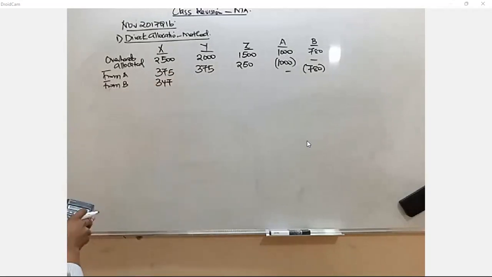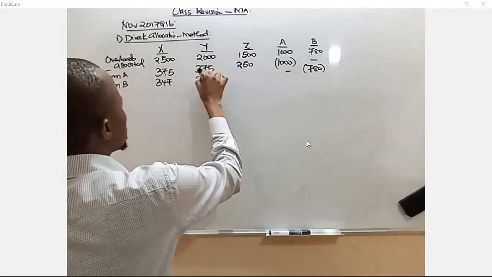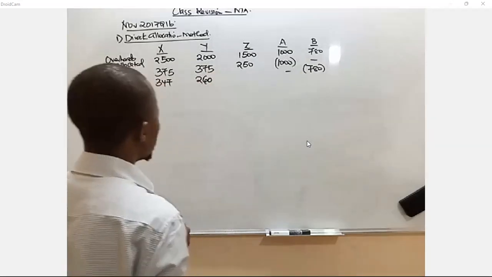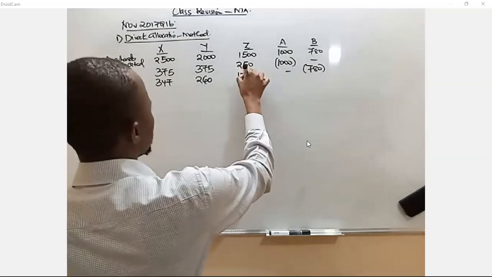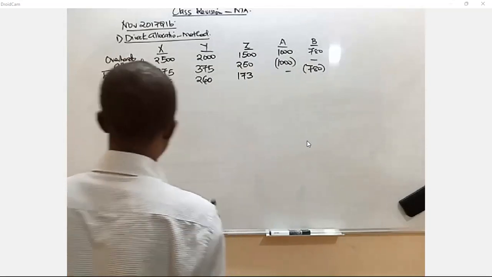Then the other one will be 30 divided by 90 times 780, getting 260. The difference goes to the other department: 780 minus 347 minus 260, and the balance here is 173.